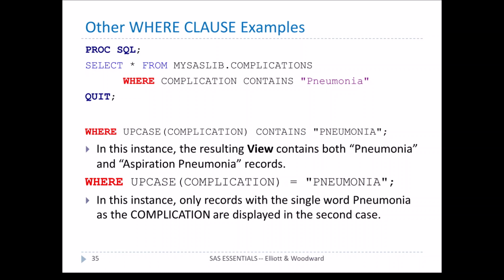So if I say where complication contains pneumonia, then both of those records would be included. However, if I just say where uppercase complication equal pneumonia, it has to be specifically only pneumonia, and it's only going to include the records where pneumonia is the only value within complication for a particular record.